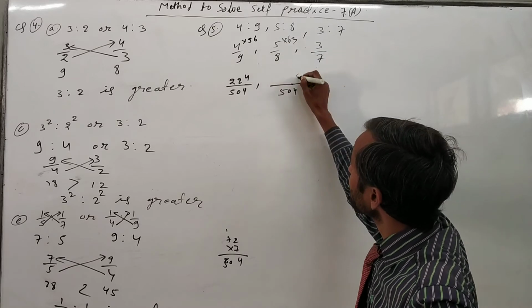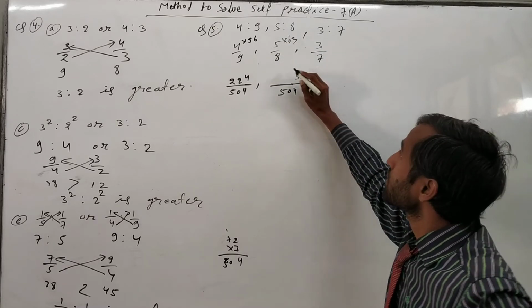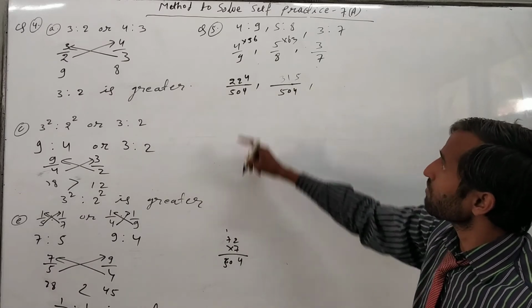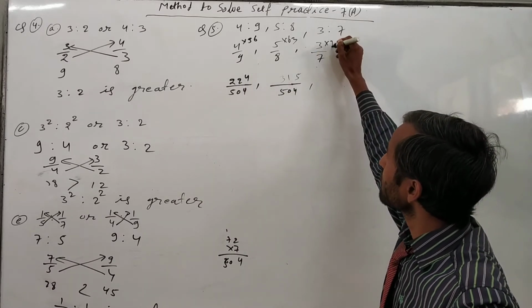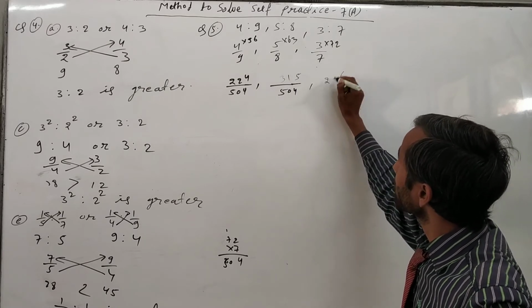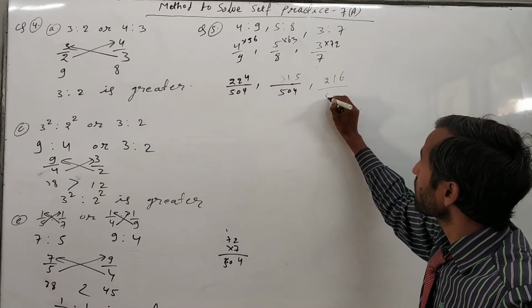So 6 5s are 15, 5 3s are 15, carry 1, 30, 33, 315. Now in the 7 table 504 comes 72 times, so we have to multiply here by 72. So 3 2s are 6 and 7 3s are 21, 216 upon 504.